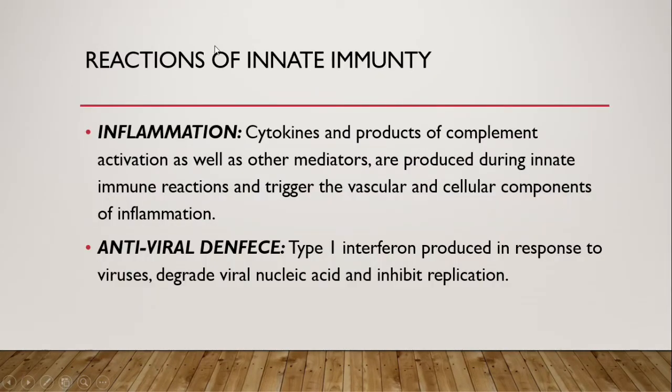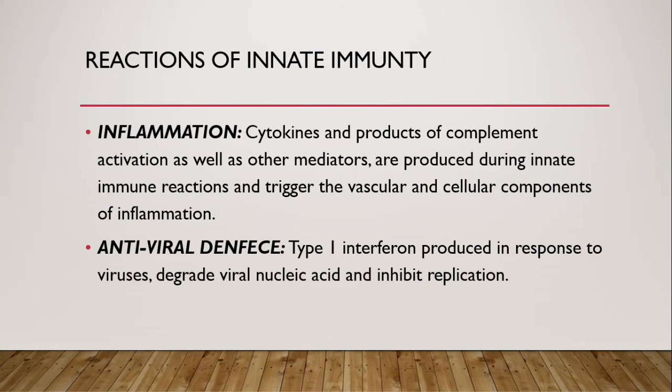What are the reactions of innate immunity? First one is the inflammation. Cytokines and products of complement activation as well as other mediators are produced during innate immune reactions and trigger the vascular and cellular components of inflammation. When there is inflammation at any site, where there is the presence of the foreign substance, there is the entry of the neutrophils, phagocytic cells, and macrophages that causes the vascular changes and cellular changes.